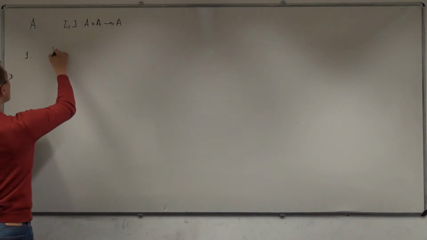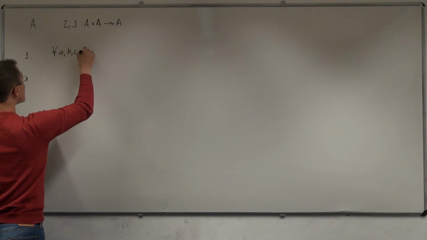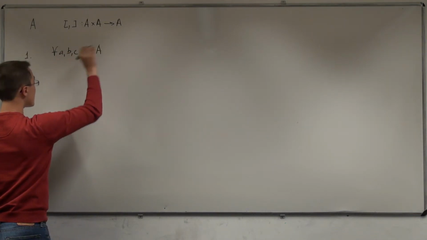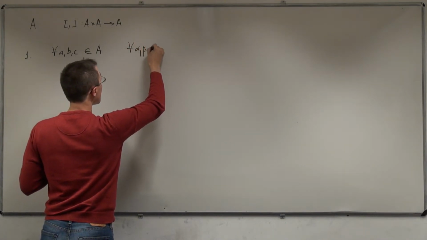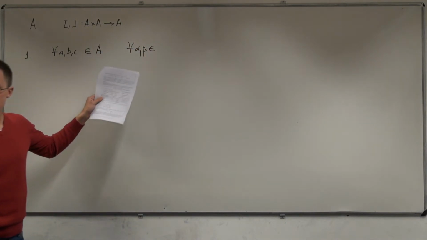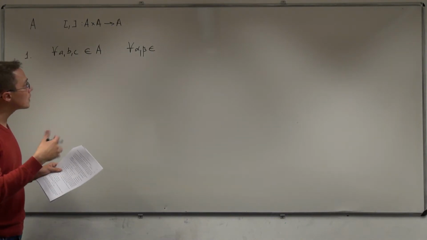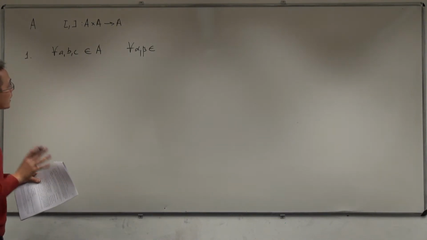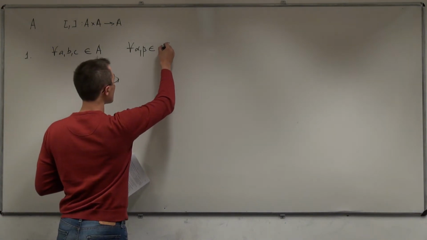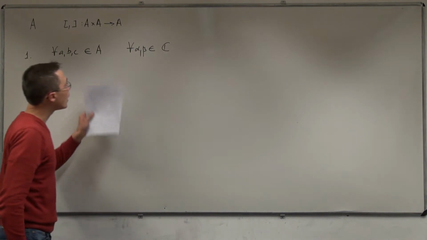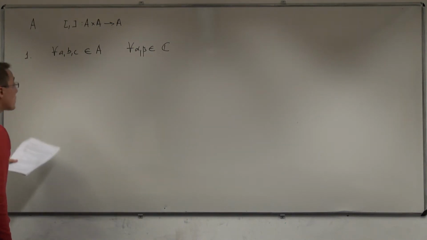One: for any A, B, and C belonging to the space A, and for any alpha and beta, we could have said F, the field, without giving any particulars, but by now we've moved so close to quantum mechanics that I will actually assume complex numbers in here. Alpha and beta belonging to the field of complex numbers.